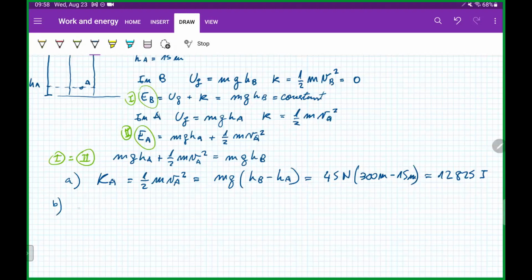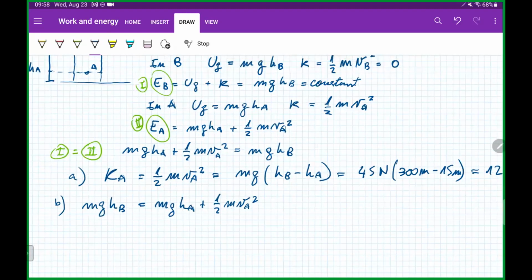And we can write mgh_B equals mgh_A plus 1/2 mv_A squared, right? That's when we equalized 1 and 2. So what can we do here? Get rid of m. We have it everywhere.